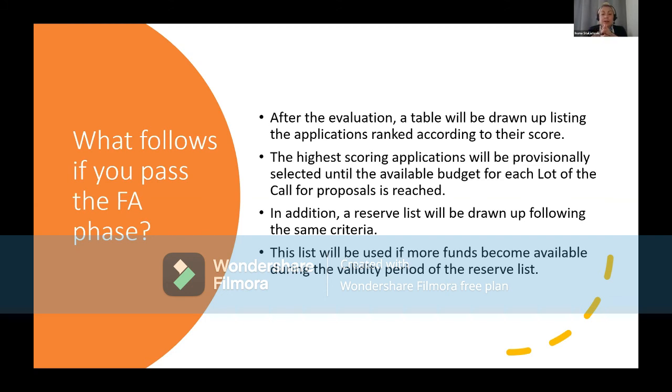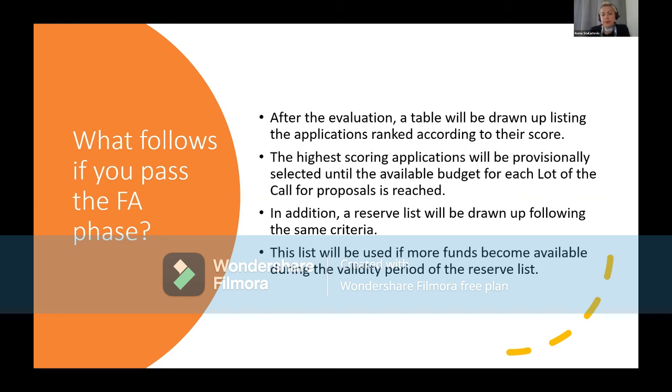A reserve list is also prepared in case applicants do not pass the eligibility check in step 3, or in case something goes wrong. The reserve list consists of applications that could jump in, in line with their scores, up to the available budget for the lot.